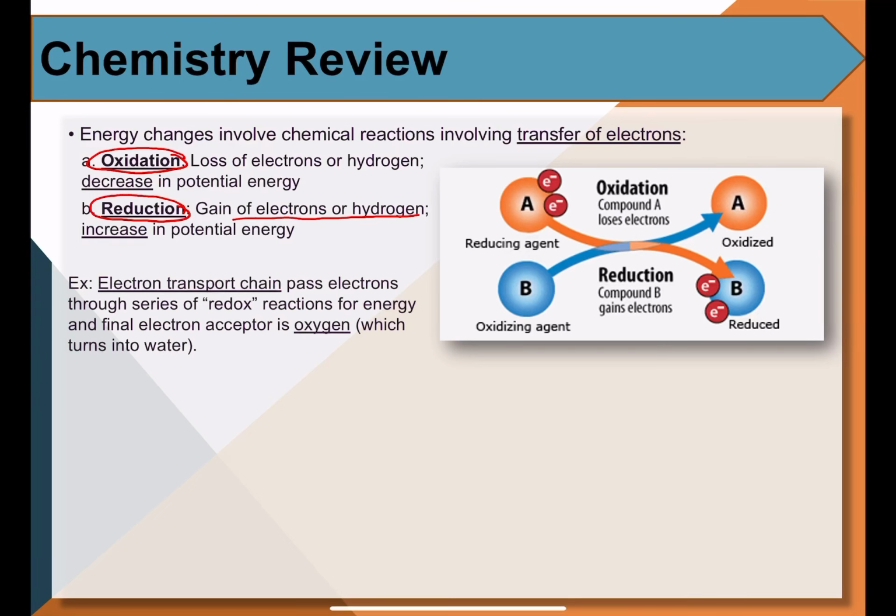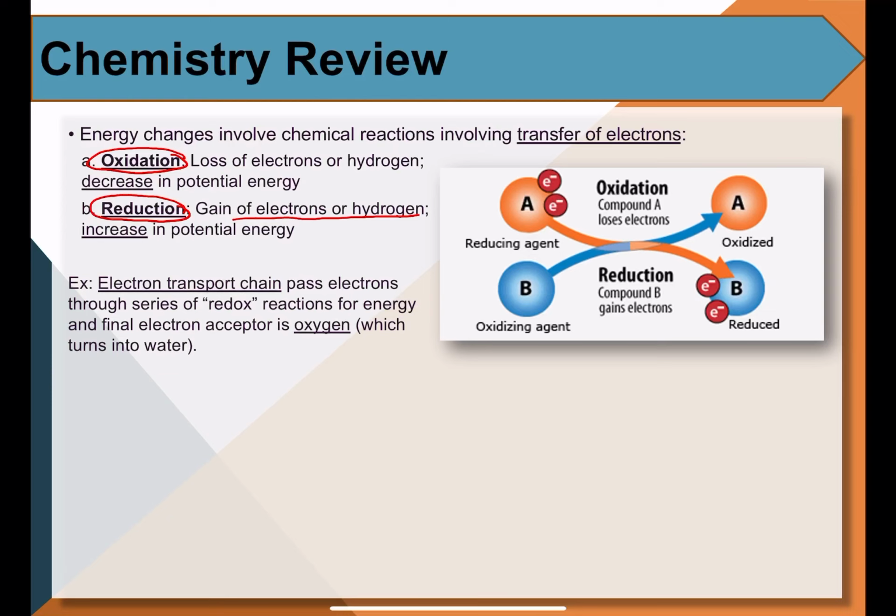So, for example, the electron transport chain, which is the last step of cellular respiration, relies on passing electrons through a series of redox reactions to pump hydrogen ions that will ultimately be used to power your ATP synthase for production of ATP.